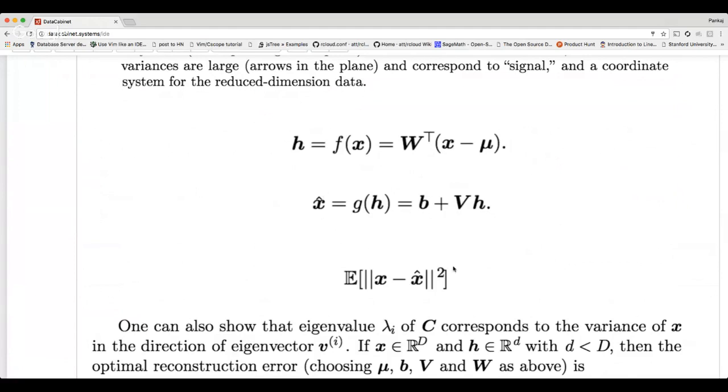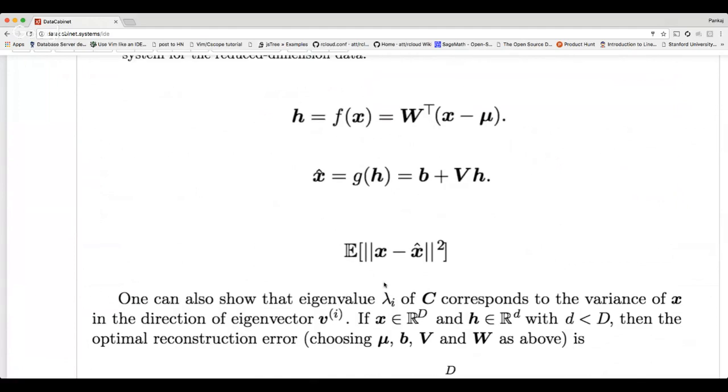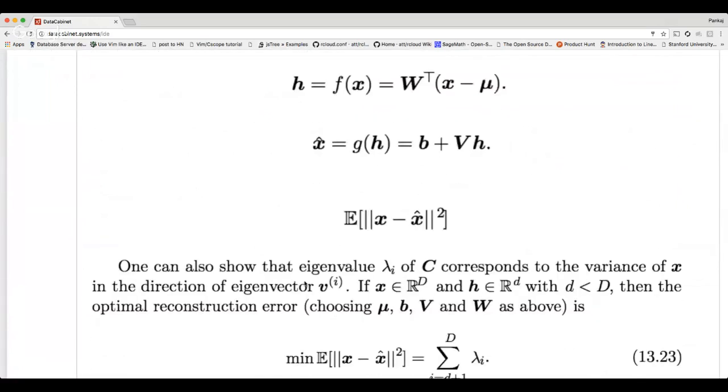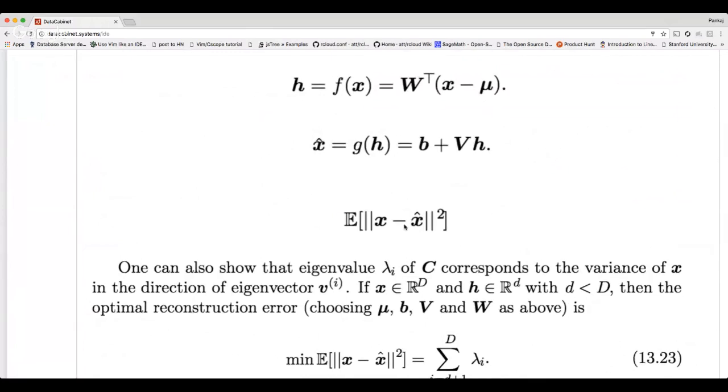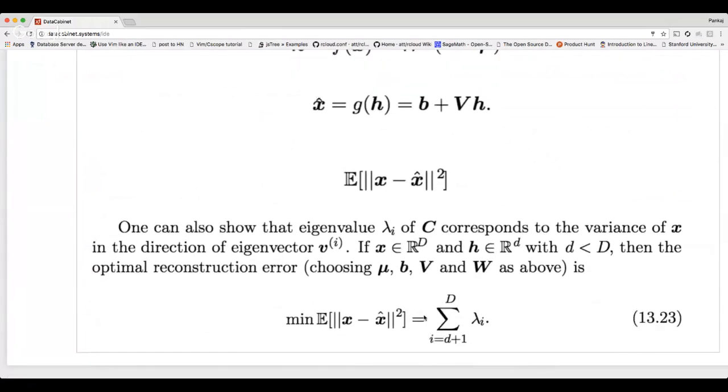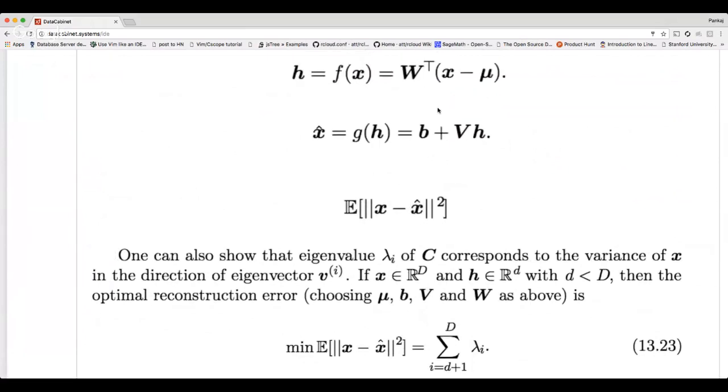You're trying to minimize the reconstruction error, which is the expected value of X minus X bar, squared. If you do this, you will get that V and W are the same.